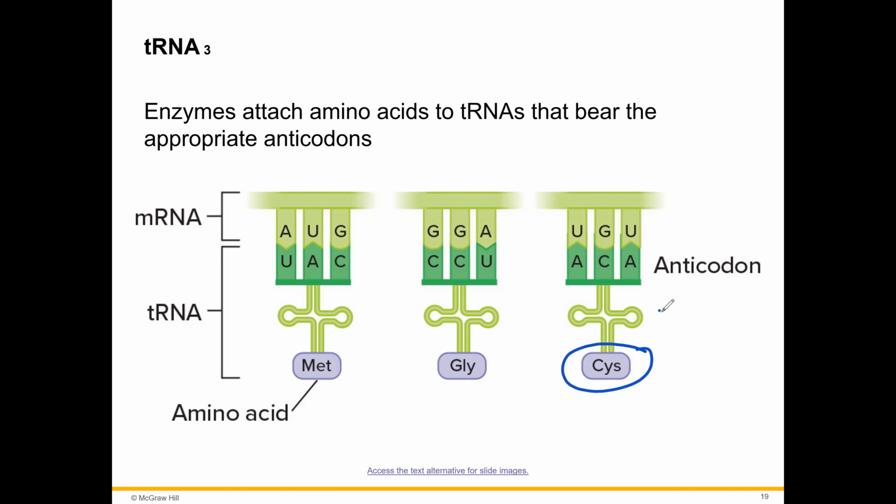Now this tRNA cannot bind to this codon, because G will never pair with A. So G will pair with C over here, but A will not pair with A. So the point is that tRNA can only bind to a complementary codon on mRNA.